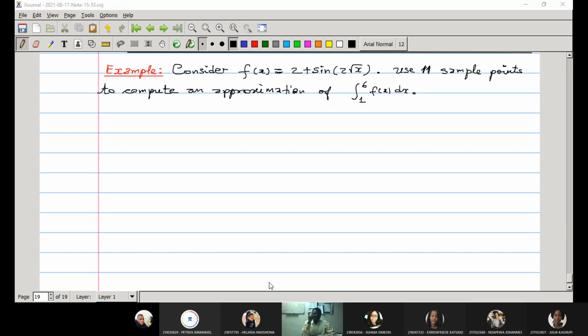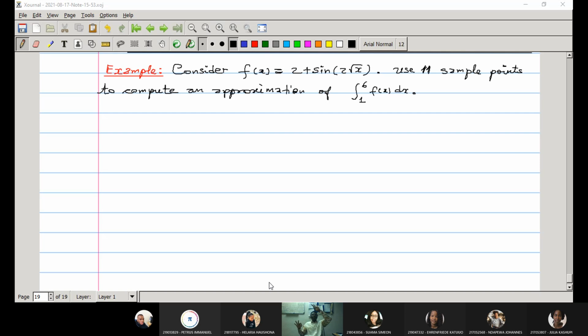Now we are given 11 sample points. Does that violate the fact that we need an even number of subintervals? Yes, sir, it does. The statement mentioned 11 sample points. What does it violate?